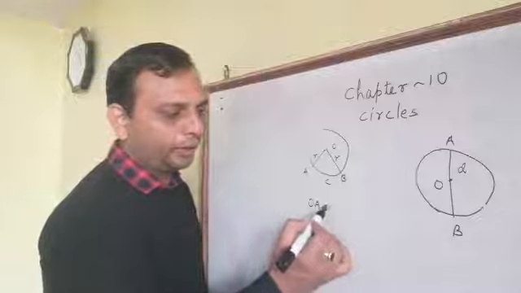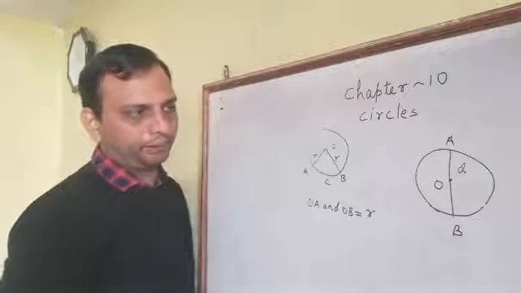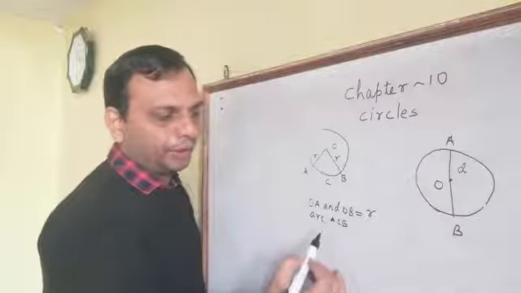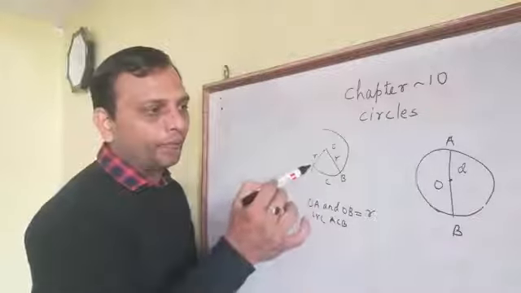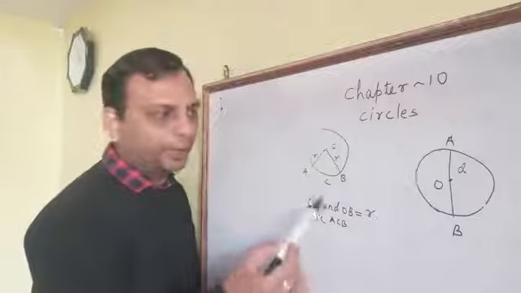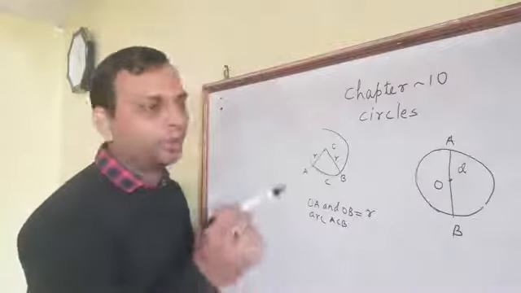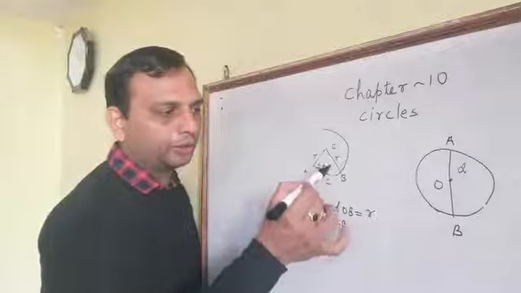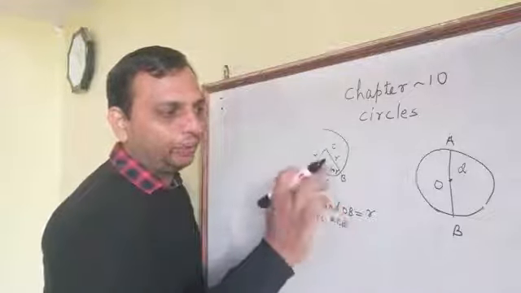When the area is formed by two radii and one arc, it is called a sector.